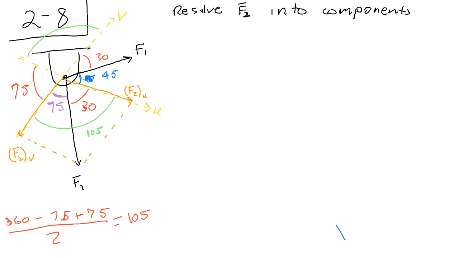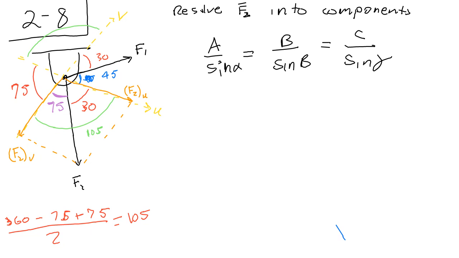Okay, so now let's do our law of, I think this is going to be law of sines again. Let's write that out. So we got A over sine alpha, B over sine beta. All right, can you see what angle we're going to look at? So we're going to look at this one, right?